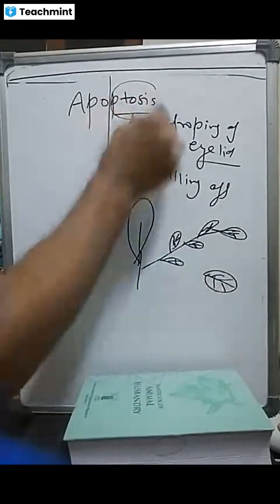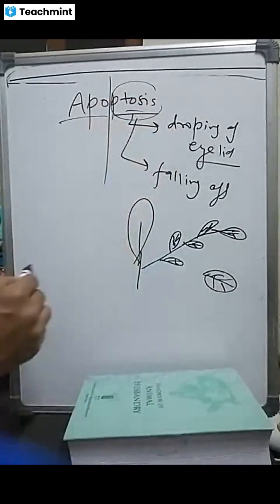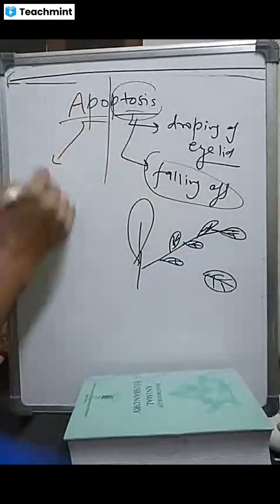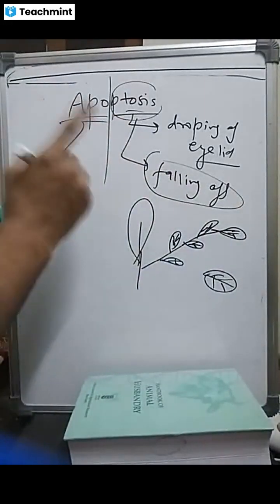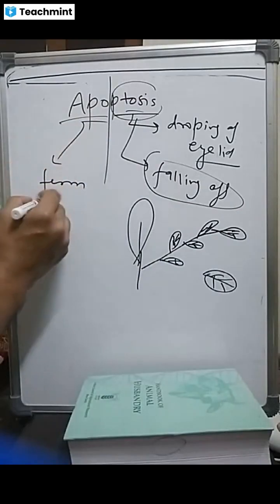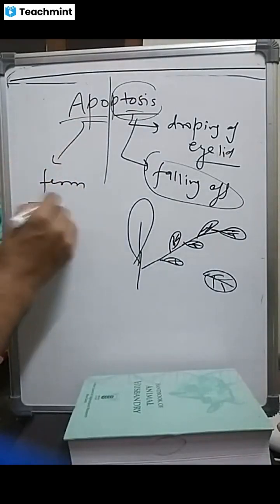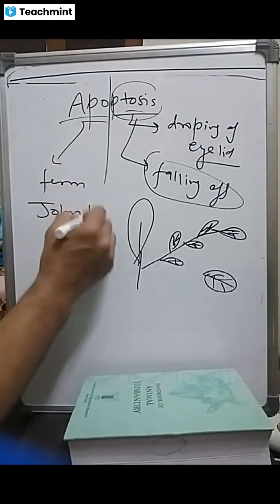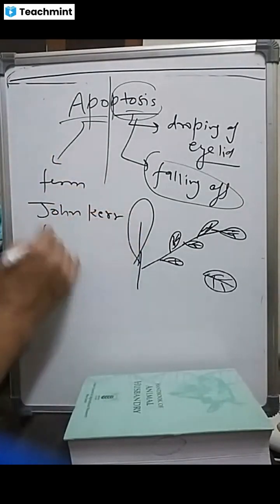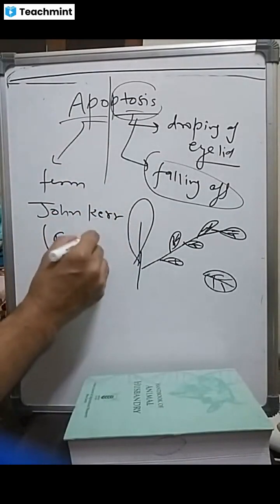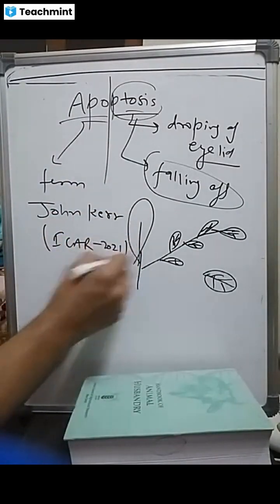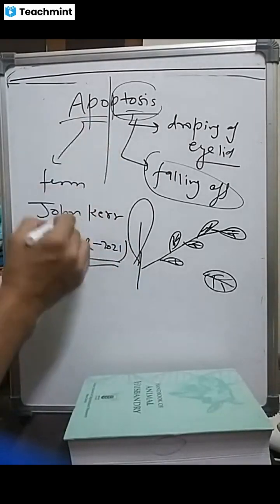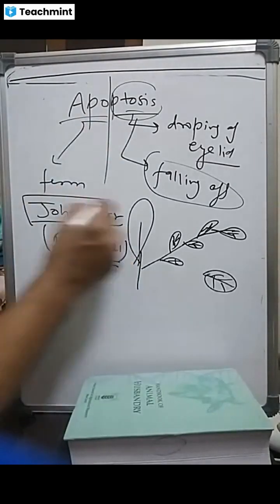This is called apoptosis, falling off. This terminology was given by John Kerr. This was asked in the ICAR 2021 exam. The term apoptosis was given by John Kerr.